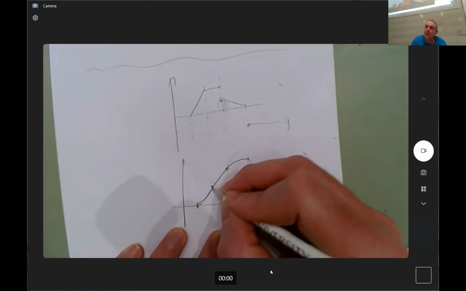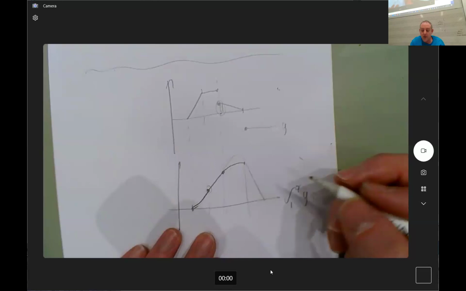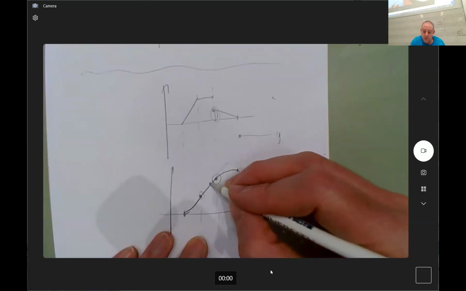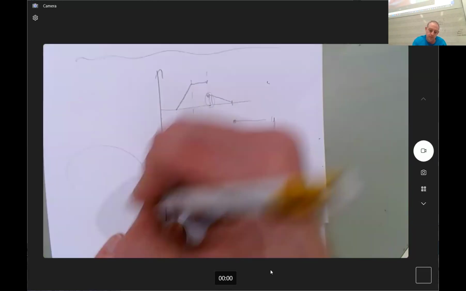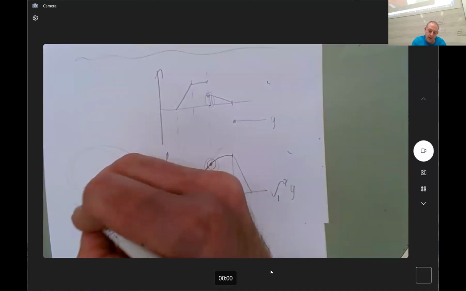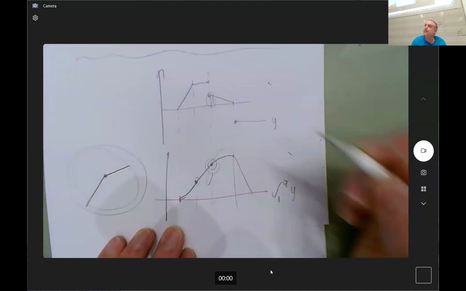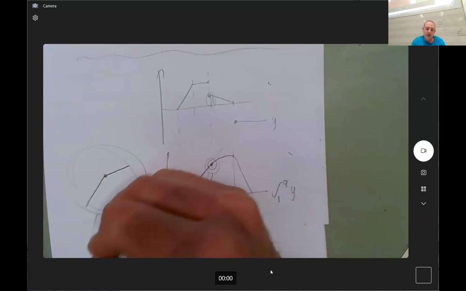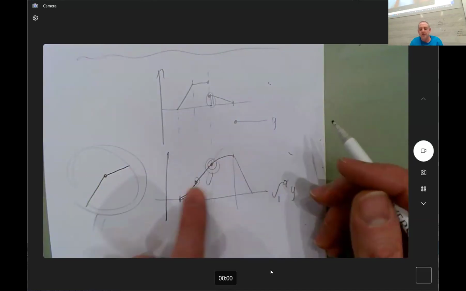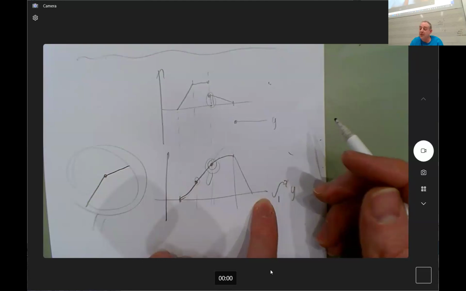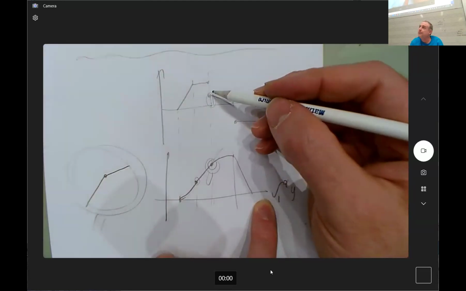Those slopes will match at that point. But you're right, these two slopes here, when we zoom into them, it'll be going like that, right? And so technically the derivative of this function isn't continuous. That's okay, because it shouldn't be.